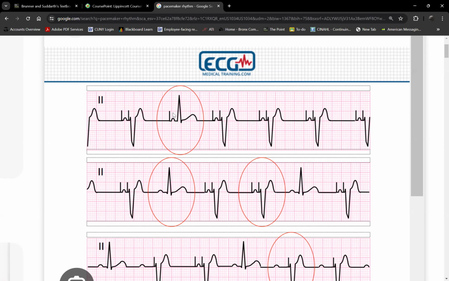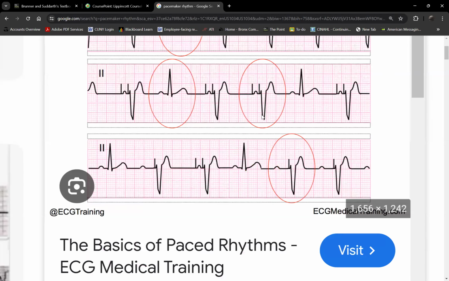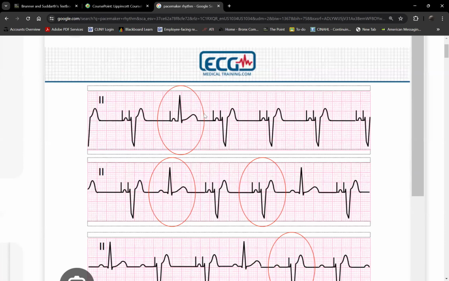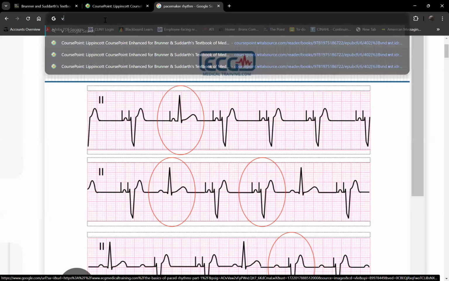So you'll see just a vertical spike. That's it. That's all you see. So this one is atrial pace. You can also see a ventricular pace.